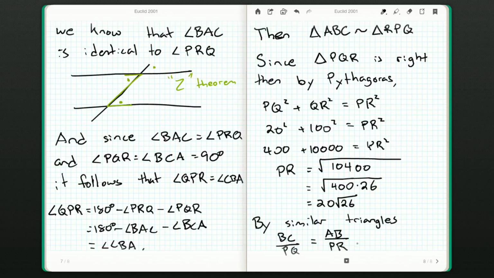So we know what this proportion is. We are told AB is 300, over 20 root 26. Okay? So we can clean that up a little bit. The 20 and the 300, they're going to cancel out, and we'll be left with 15 on top. So it's really 15 over root 26.